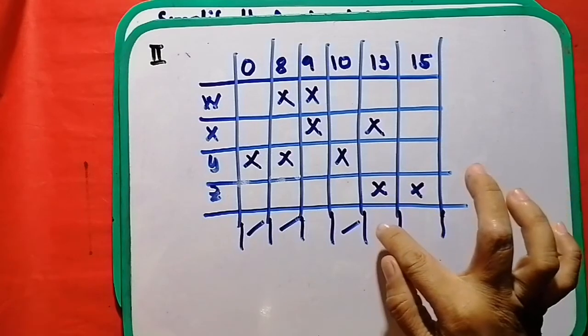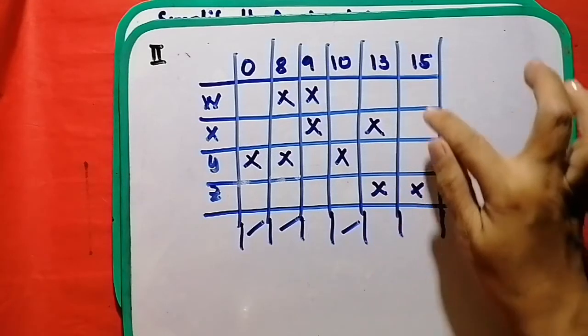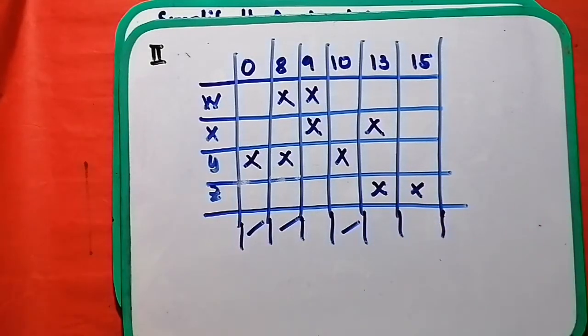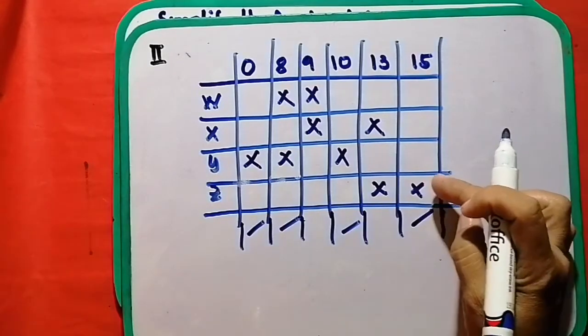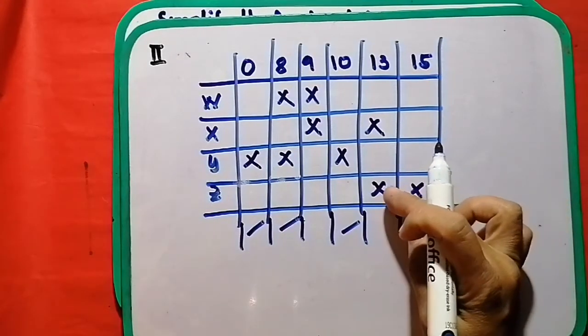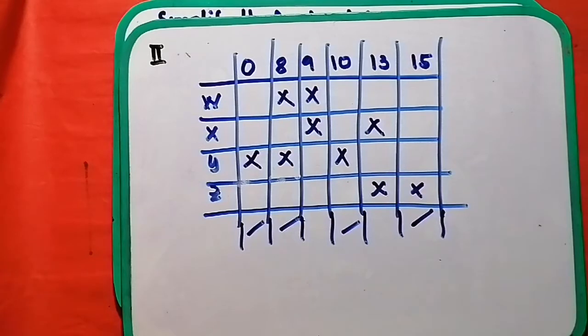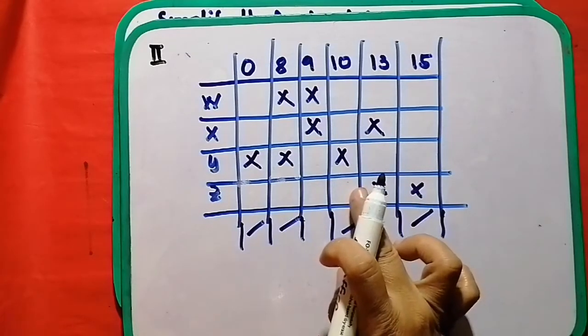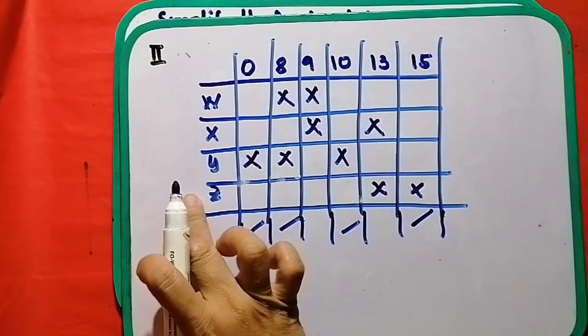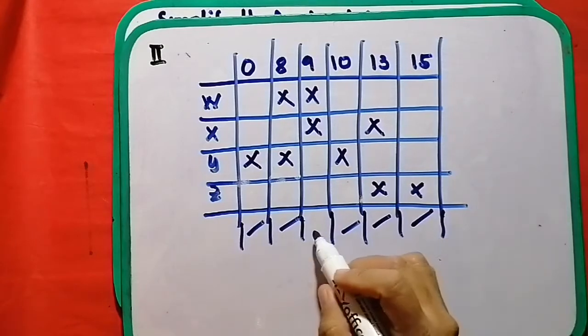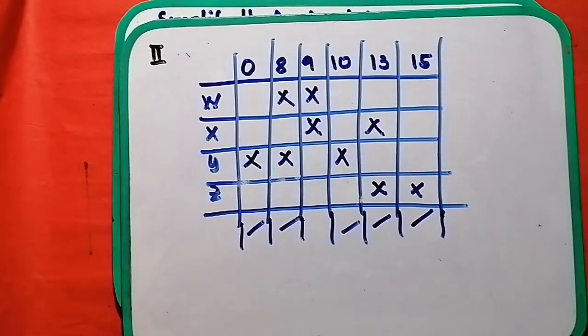Then same thing with 13. For 15, we have 1 X, so therefore we put a check mark. Since we checked this one, we also check the number 13 because both belong to group Z. Okay, so we have only number 9 which does not have a check mark.